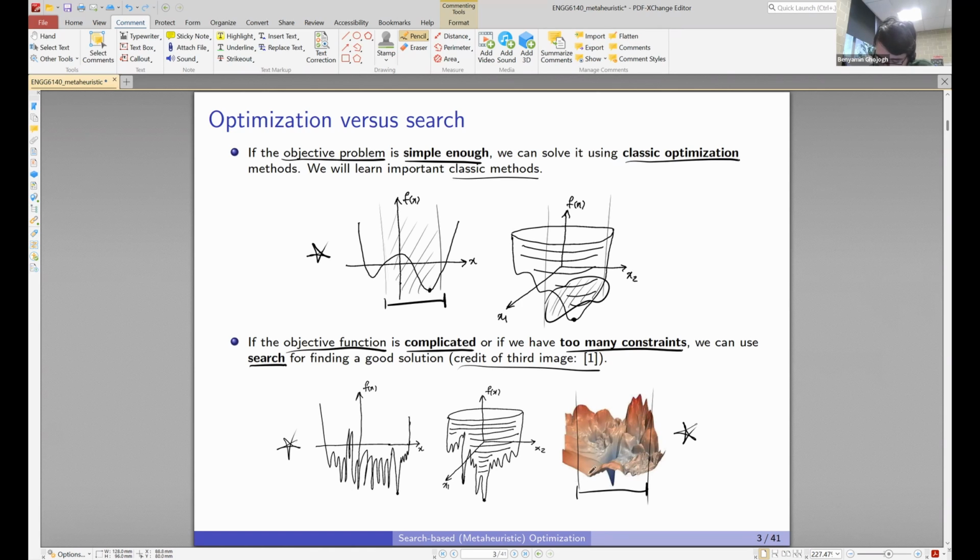When we have a two-dimensional optimization variable, we can show the third dimension as the cost value. So it will be something like this, and you can visualize the cost like some valleys and some mountains.